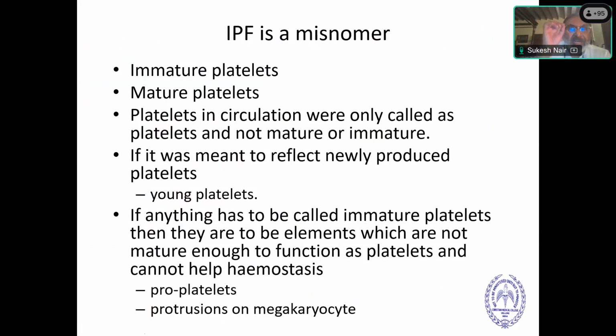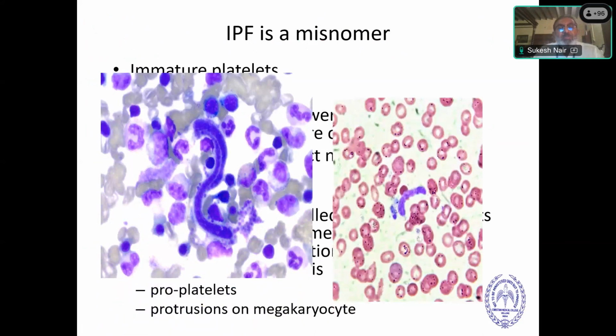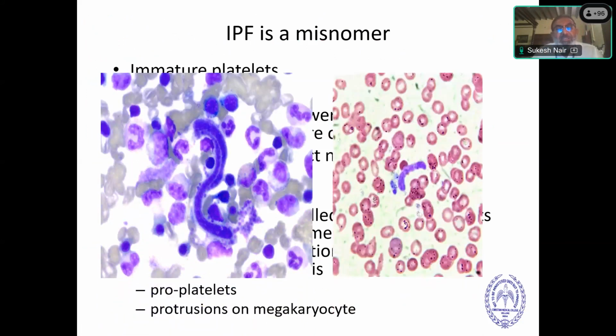So it's unfair, if not illegal or unethical, to call large young platelets immature platelets, because immature platelets we assume are not going to function normally. If you want to call something immature platelets, you can call poor platelets, because they're not going to be functionally as effective as platelets.